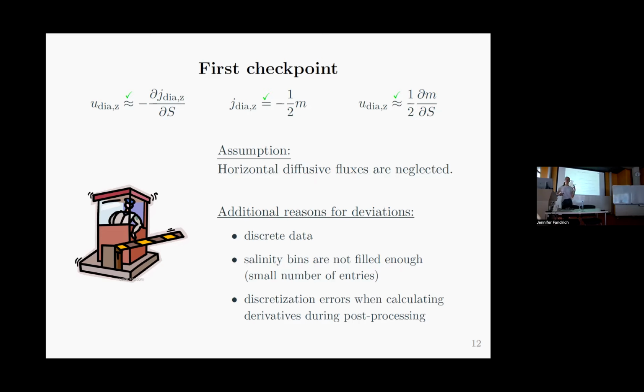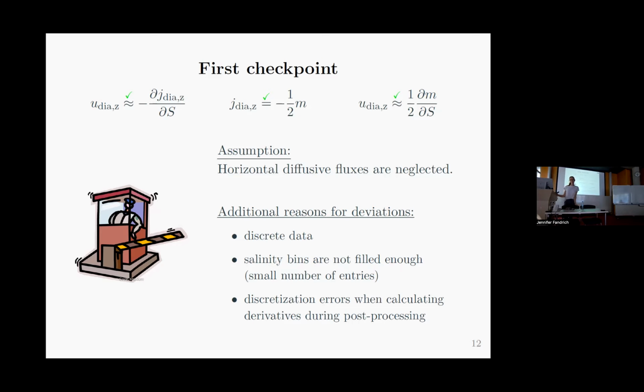Then when we take the mean value, it's enough to have just one value that's very far off, and it changes the mean value a lot. So that can also be one of the reasons. And then also, in our post-processing, I calculate the derivatives, and we can also have discretization errors because of that.